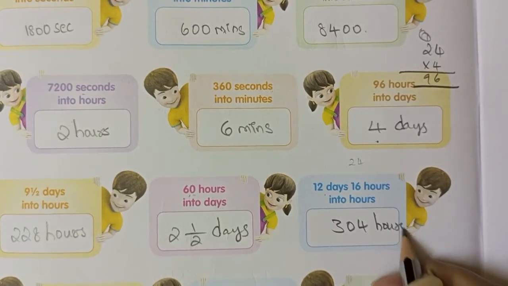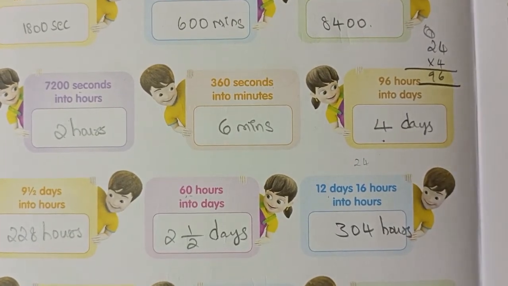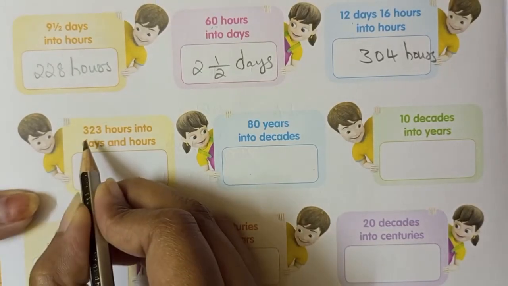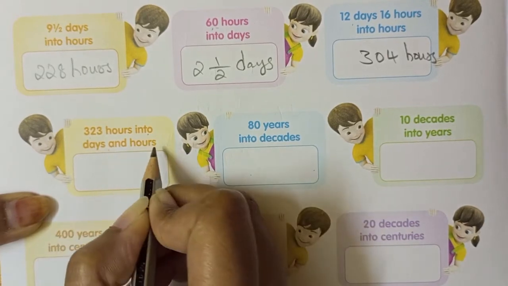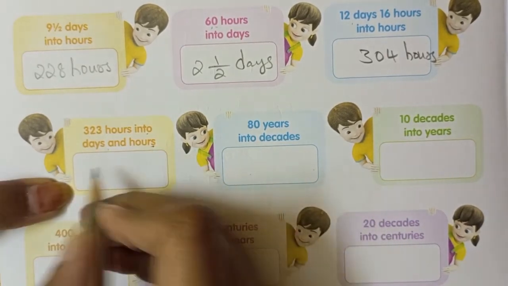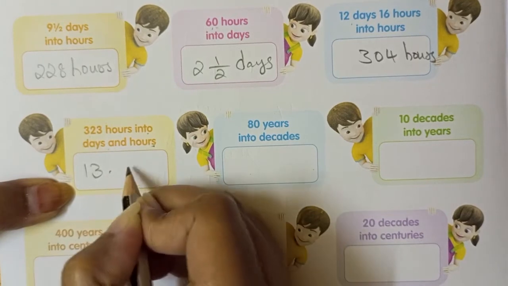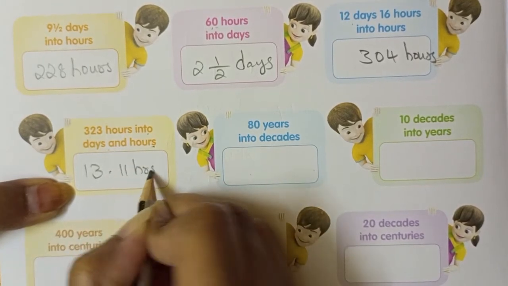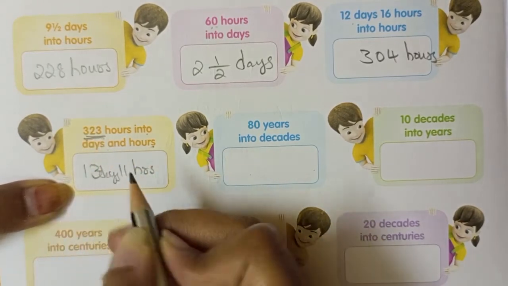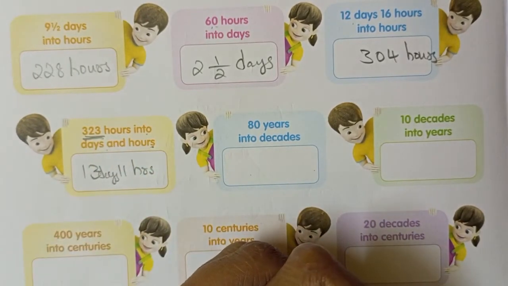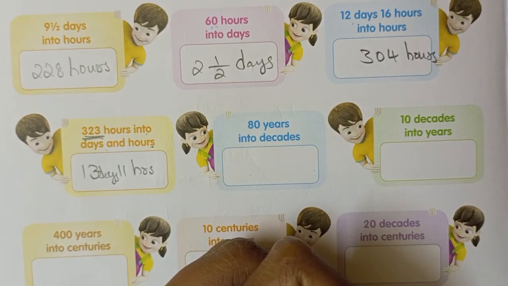How many hours? 304 hours. Now see the next one. 323 hours into days and hours. 323 hours means 13 days, 11 hours.